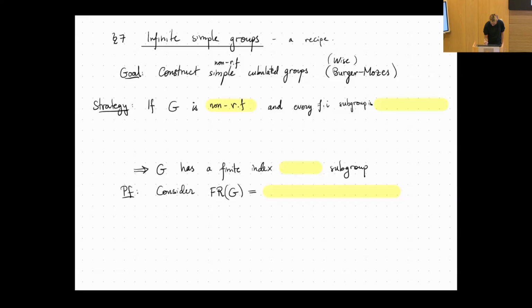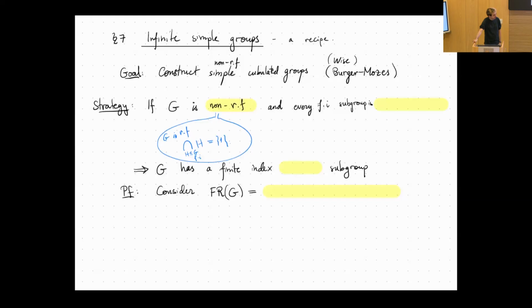So let me remind you what this means. Residually finite means that the intersection of all finite index subgroups is trivial. Okay, so non-residually finite is that it's not trivial. Okay, good.